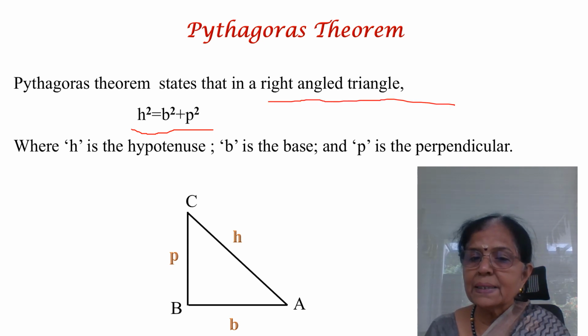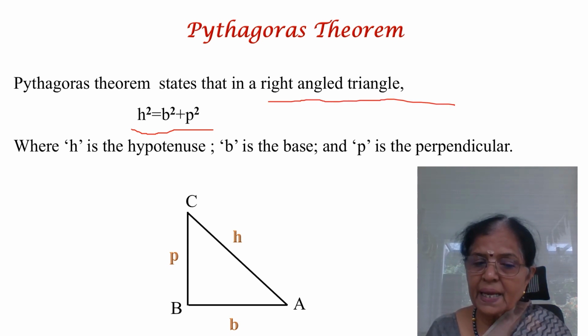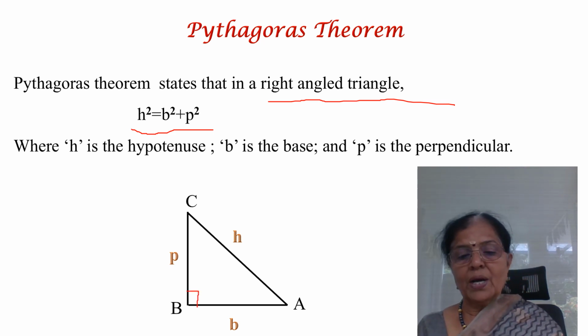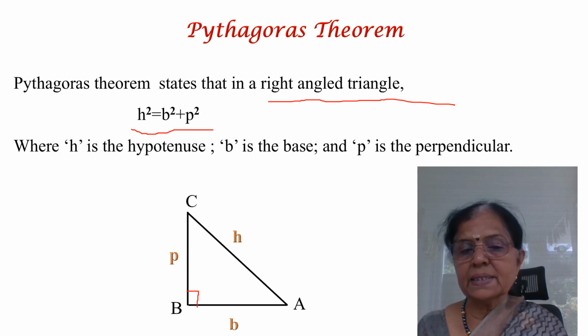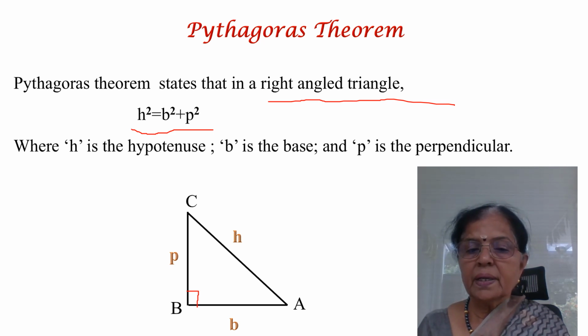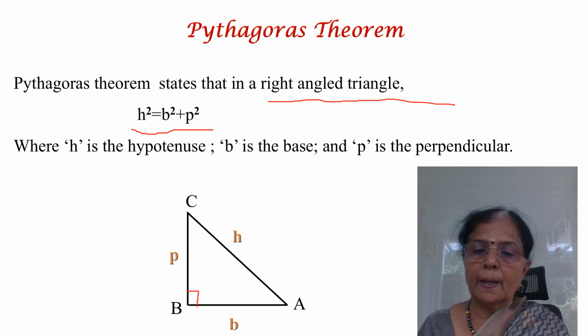What is a right angled triangle? A triangle always has 3 sides. In a triangle, if one of the 3 angles is 90 degrees, it is called a right angled triangle.